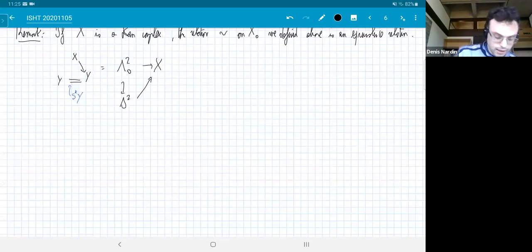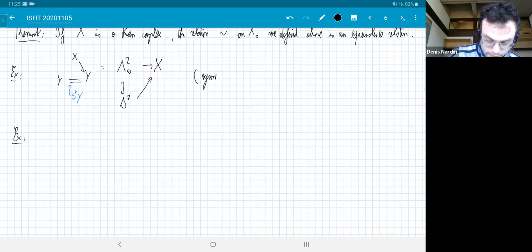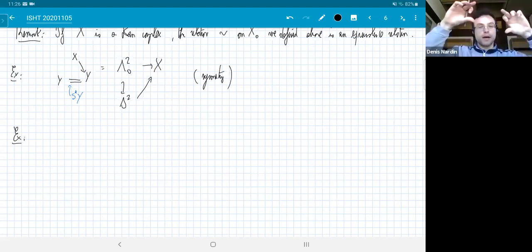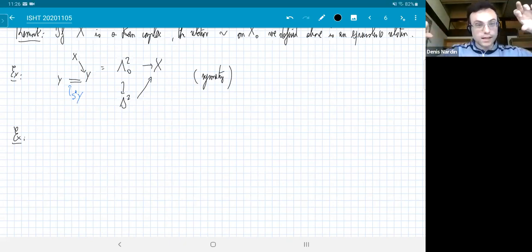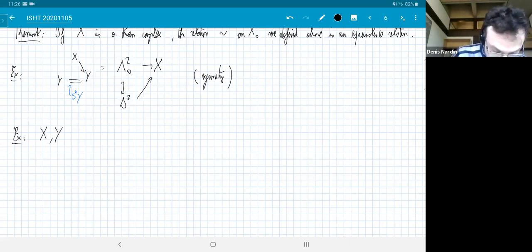Okay, this is the symmetry. And transitivity is as before. You take a path from x to y and a path from y to z, you extend to Δ^2, and you get a path from x to z. Let me give more examples of Kan complexes, though. So take X, Y topological spaces.